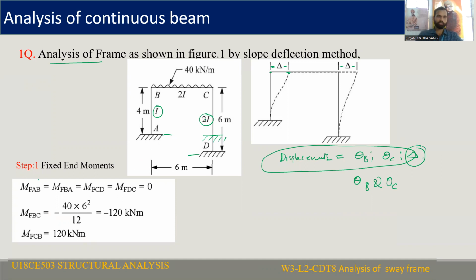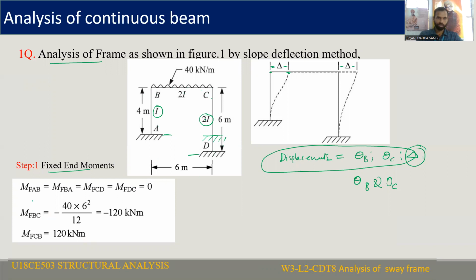In the first step of analysis, we are going to calculate the fixed moments. If you observe, the AB span as well as the CD span have no load. Only the BC span is subjected to a uniformly distributed load. As we know, fixed moments develop due to applied load only. So for the AB span and DC span, there is no load.